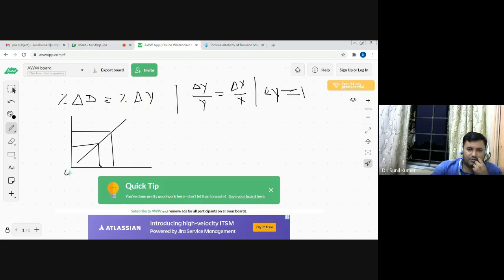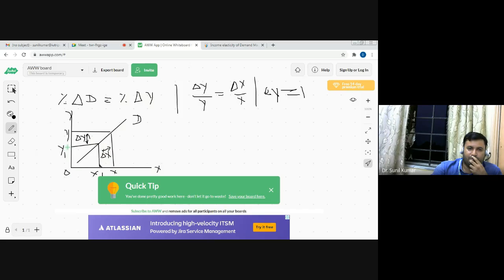Just you see 0, X, Y, D, and Y1, X1. So the changes of X and the changes of Y will be in equal proportion. How will we say equal?